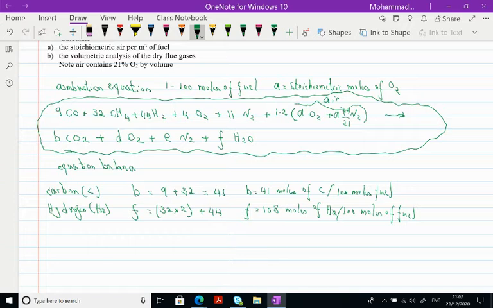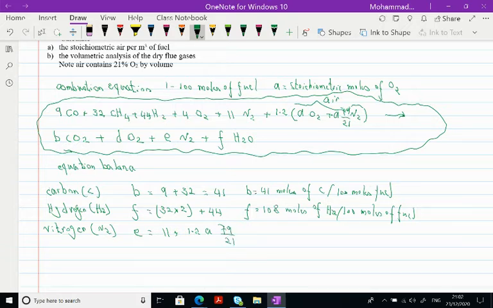So we consider the next element, which is nitrogen, N2, and the coefficient of N2 on the right hand side of the equation is E, and on the left hand side we have got 11 plus 1.2 times A times 79 by 21.